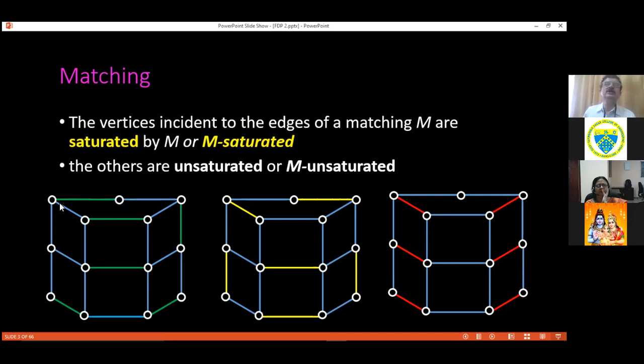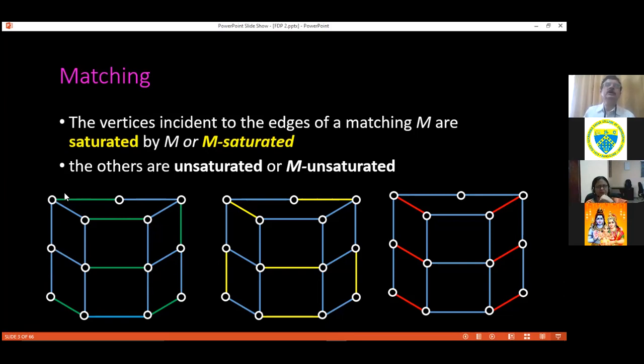Therefore, these 2 vertices are saturated by this edge, and these 2 vertices are saturated by this edge. If I take the set M consisting of only green edges, all the vertices are saturated by one edge except one vertex. For example, you take this vertex. This vertex is not saturated by any edge because it is not incident with any edge in M.